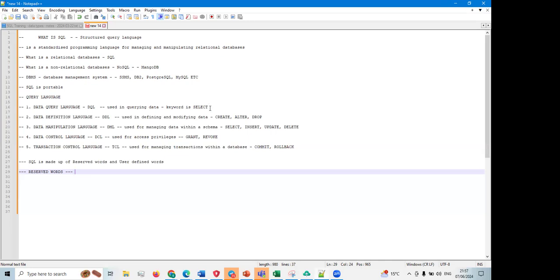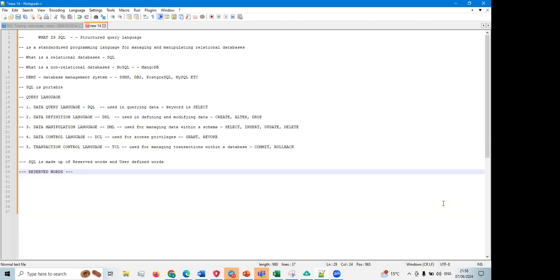What are you selecting? In a database, what do you want to select? Whatever you select will be dependent on what is available, isn't it? I can't just tell you go and select, and then you go and select. While select is a keyword and a reserved word, it needs to go with other words that the user has defined within the database.